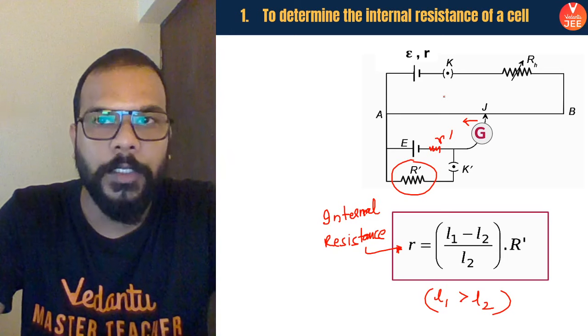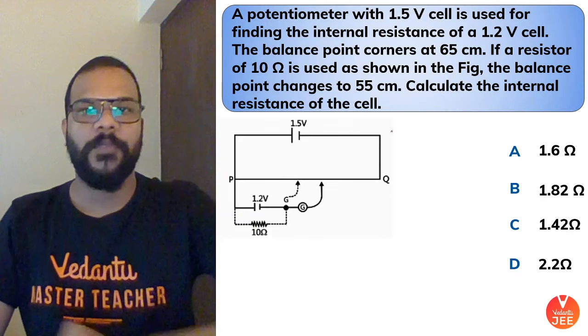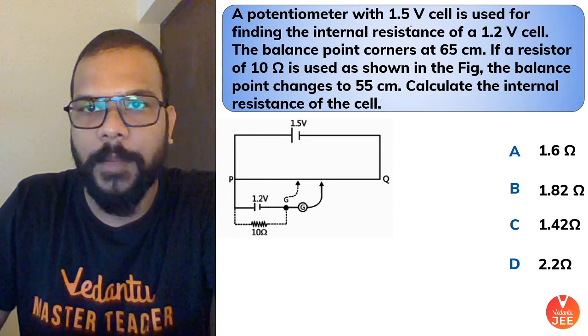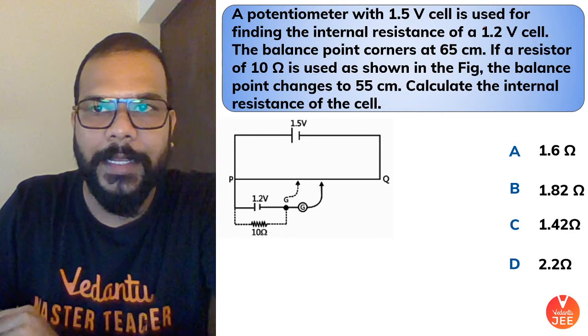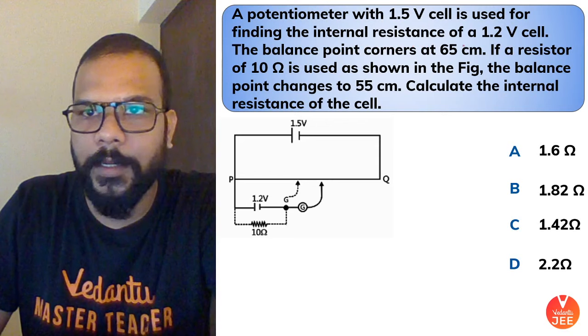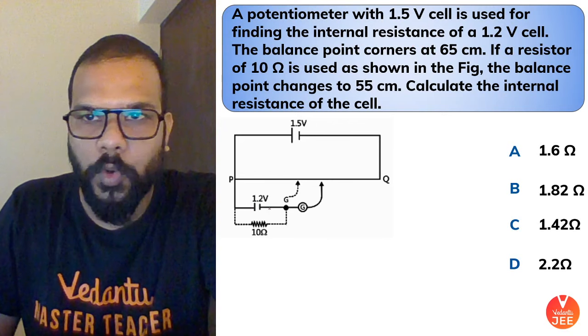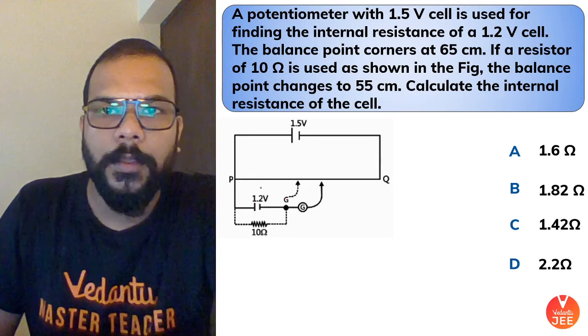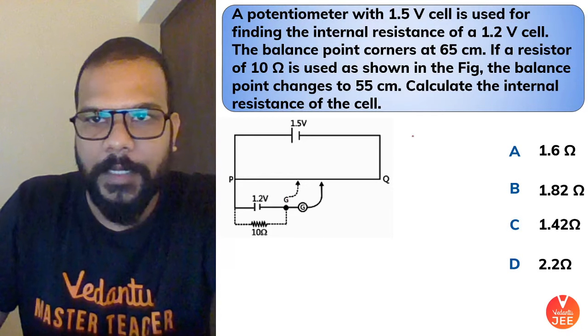Okay, cool. So guys, let's try to solve a few questions here. We have this first question which says that a potentiometer with a 1.45 volt cell is connected for finding the internal resistance of a 1.2 volt cell, and the balancing point comes at 65 centimeter.